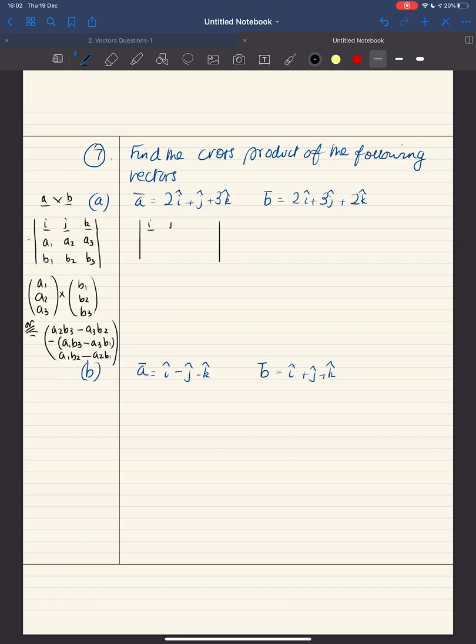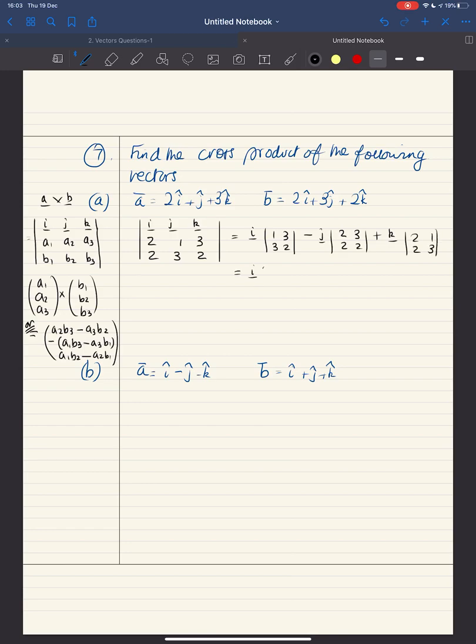So we go i, j, k, 2, 1, 3, 2, 3, 2. So it's going to be i, 1, 3, 3, 2, minus j, 2, 2, 3, 2, plus k, 2, 1, 2, 3.